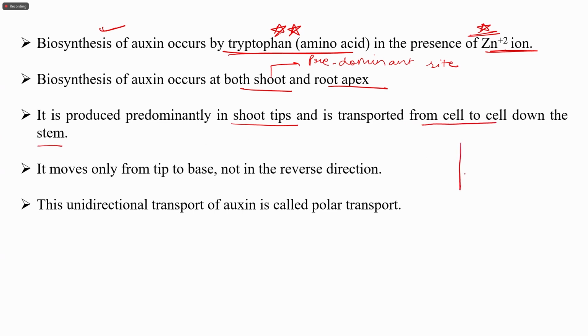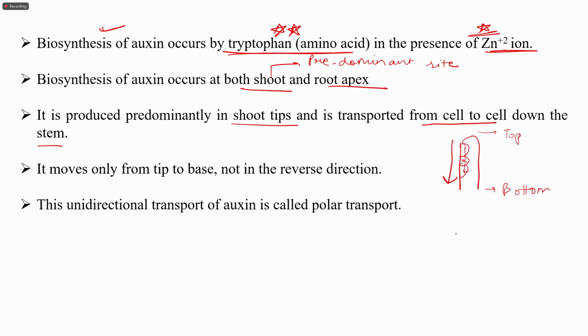Suppose this is the direction of the stem. This is the top, and this is the bottom. So auxin will be transferred from this to this, cell to cell, down the stem.